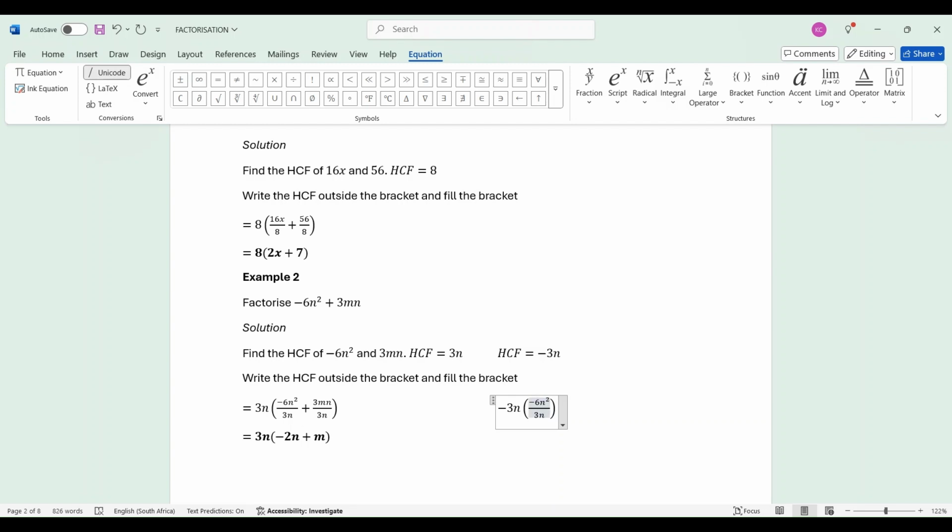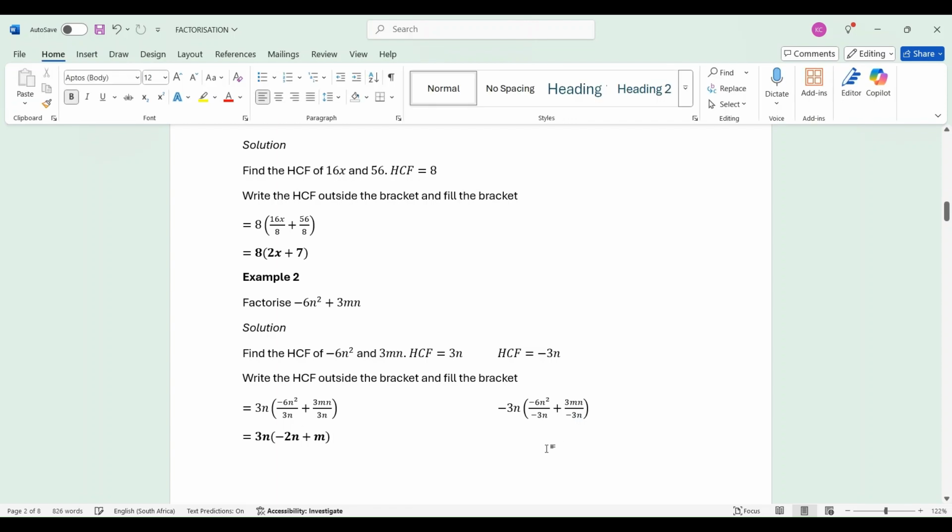Take note, we are supposed to divide by a negative 3n. Then we have our positive, another term which is 3mn, which is going to be divided by a negative 3n, which is our highest common factor.